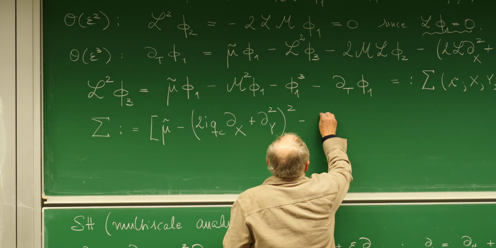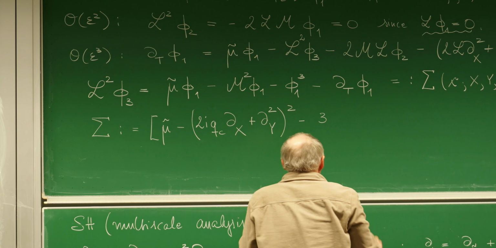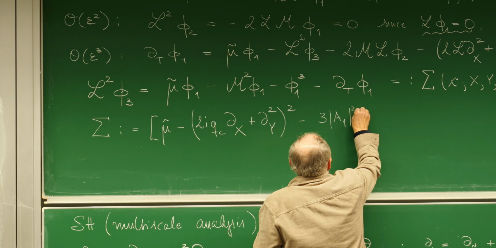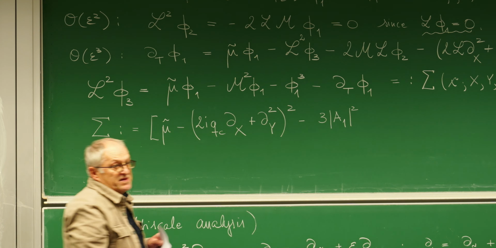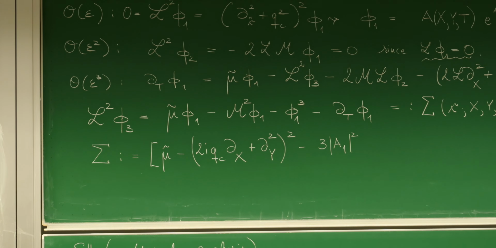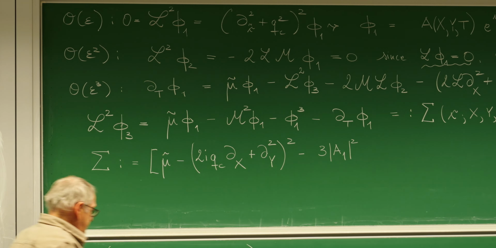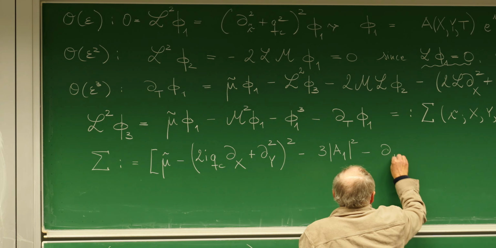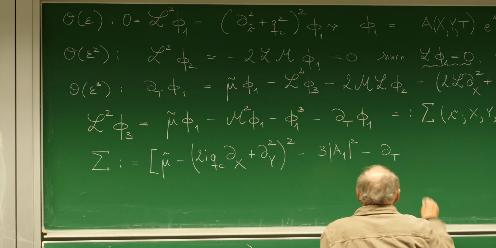Then I get minus 3 times a1 squared, by now inserting that phi 1 is a1 times a corresponding carrier wave, minus dt.